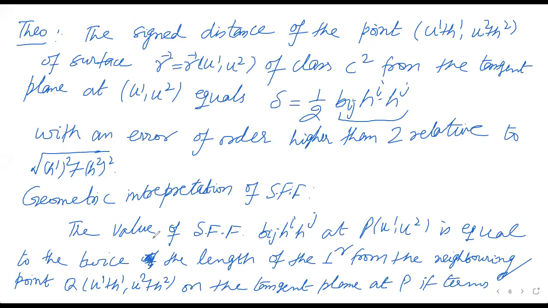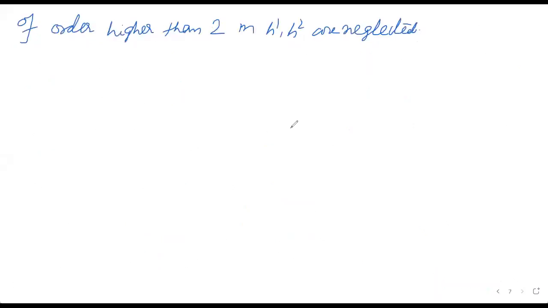Basically, if you have two neighboring points, draw a perpendicular from the neighboring point on the tangent plane and find the distance. Twice that distance will be nothing but the second fundamental form, if you are neglecting these higher terms.